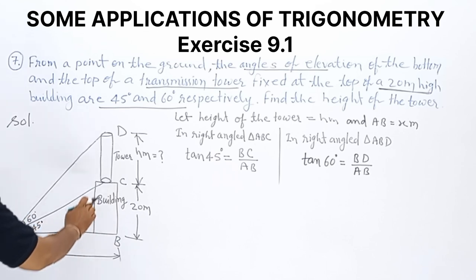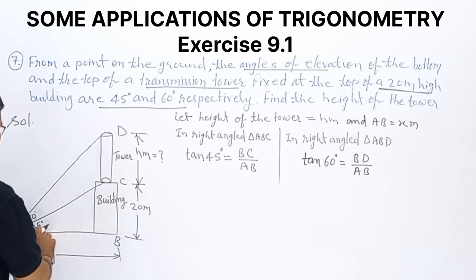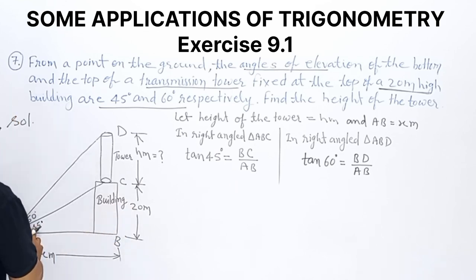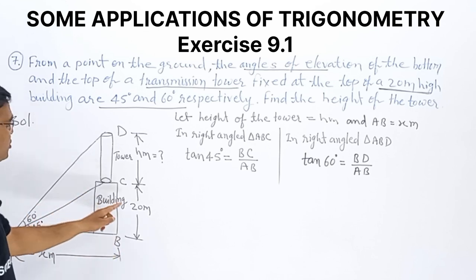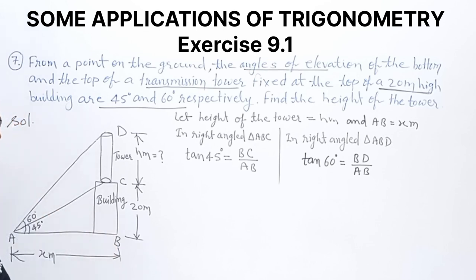First we will use this triangle. Its acute angle is 45 and its opposite side is this one, 20 meters, the height of the building. We want the base. For the acute angle, the opposite side is the perpendicular and the adjacent side is the base.